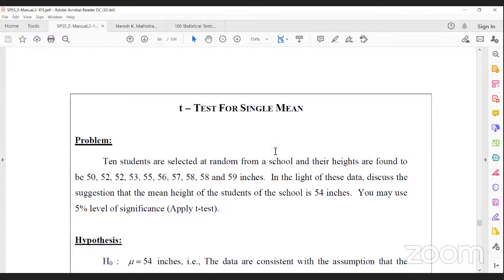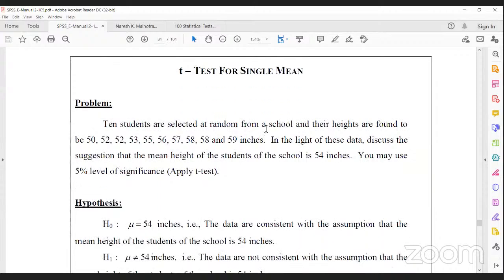Ten students are selected at random from a school, and their heights are found to be this, given in inches. In the light of these data, discuss the suggestion that the mean height of the students of the school is 54 inches, meaning they have given a cutoff. The average height of a student in the school is 54 inches. We may use a 5% level of significance, so we are going to use a 5% level of significance here.